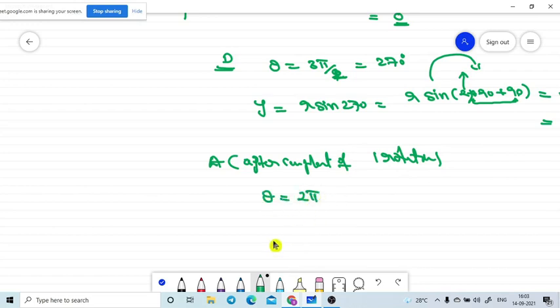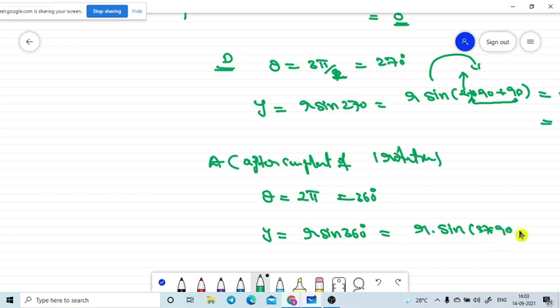Theta is equal to 2 pi, that is equal to 360 degrees, it is completed. That means y is equal to r sine 360 degrees. 360 degrees is nothing but r into sine of 3 into 90 degrees plus 90 degrees we will get. So it is an odd number. Odd number means sine will convert to cos.